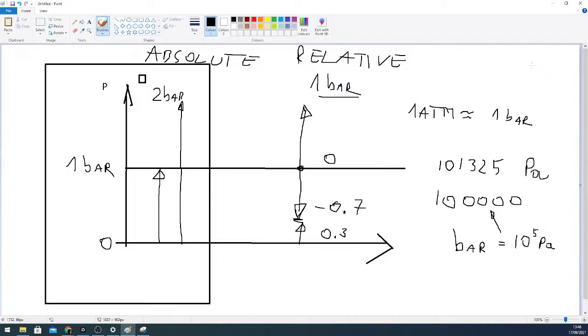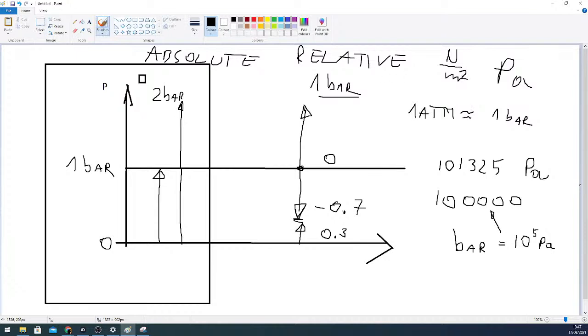So the usual units that are used to describe pressure: 1 Pascal is the basic unit of pressure. 1 Pascal is 1 Newton of force on 1 square meter. Sorry, I messed it up. Not millimeters.